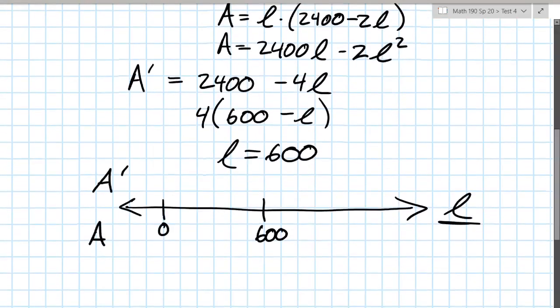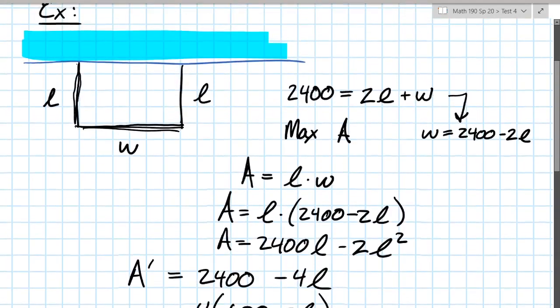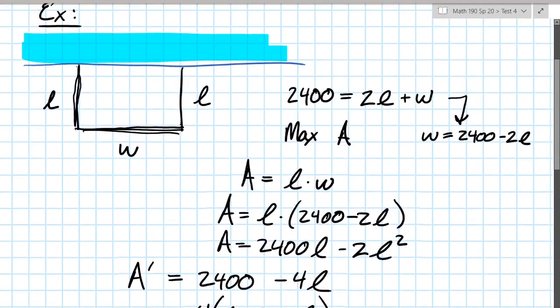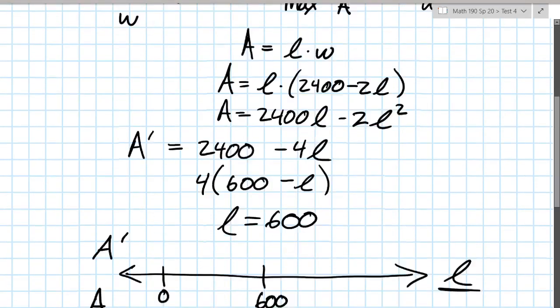It wouldn't make sense to make the length negative. And the largest value of L that we could use, notice that there are 2 L's in the diagram, so the largest L would be 1200, since we need to go out and back. An L of 1200 would mean a W of 0, and that would use up all of our fence because of the 2L right there.